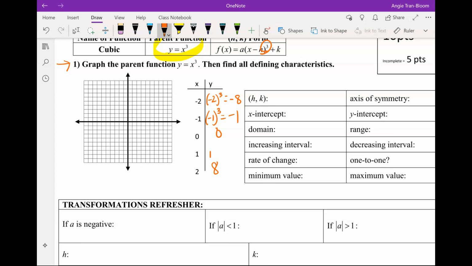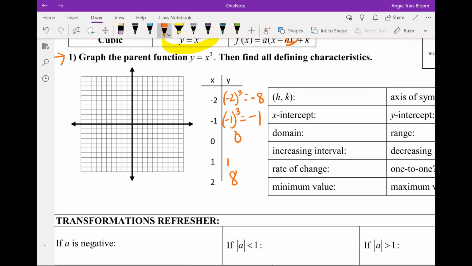Let's plot them. -8 is the first output. So -2, go down to -8. Then -1, go to -1. 0, 0, 1 is 1, and 2 is now +8. Is that a straight line? Is that a parabola? Is that a V? No. It's like this.